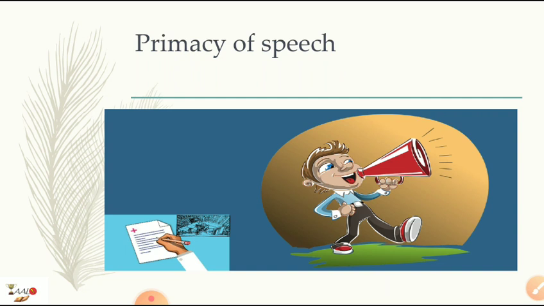They considered speech as primary, because when you take the history of any language, speech came first. In the poo-poo theory and the bow-wow theory, we say that speech came first by the imitation of natural calls, by imitating the calls of a bird or of an animal.